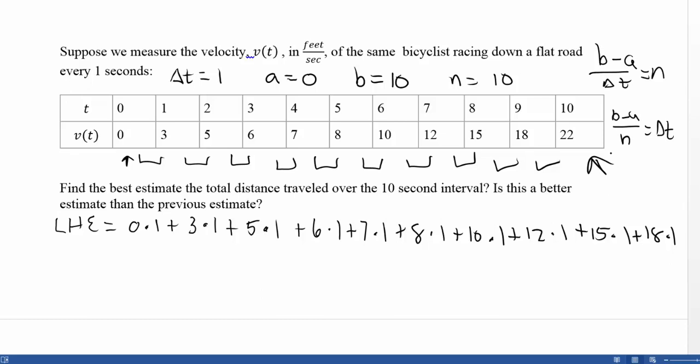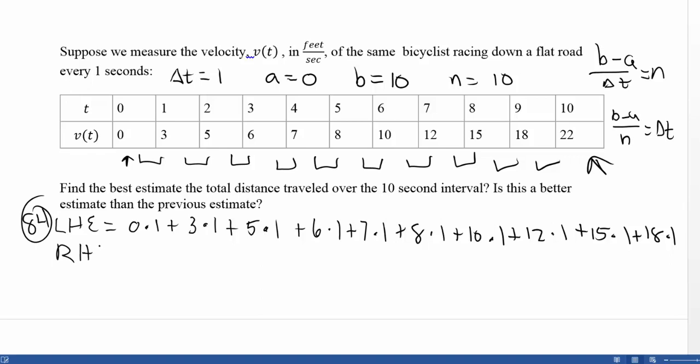So again, I need to add up all of these numbers to get my left-hand estimate. When I add up all these numbers, I'm going to get 84. And remember, my units are going to be in feet because each of these was the rate of feet per second times seconds. So my left-hand estimate was 84 feet.